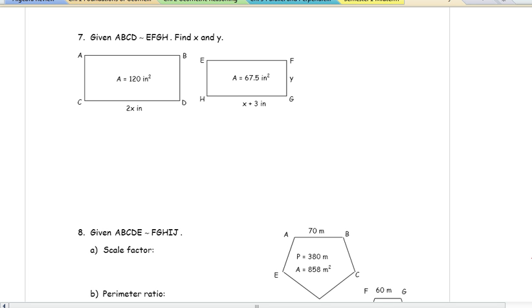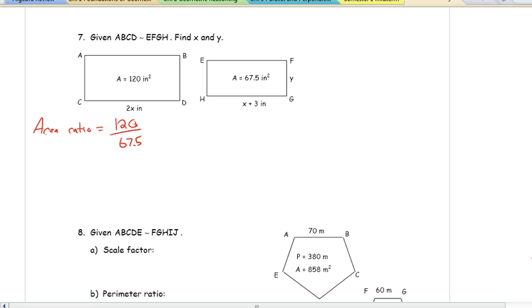Again, if we're given the area, then we want to go and convert it to a scale factor. So what we have right now is that from big to small we have an area ratio of 120 over 67.5.